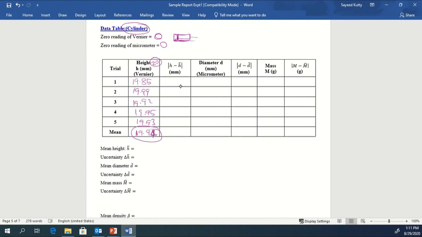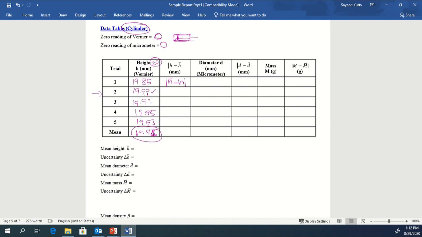How will you calculate this? You are taking the absolute value of the deviation. You can write mean first, and it doesn't matter because it's an absolute value. Imagine this trial: what is the absolute value of the difference, the deviation between your mean value and the individual measured value?